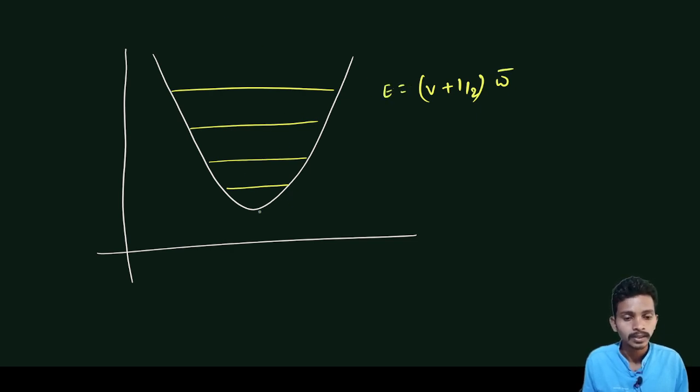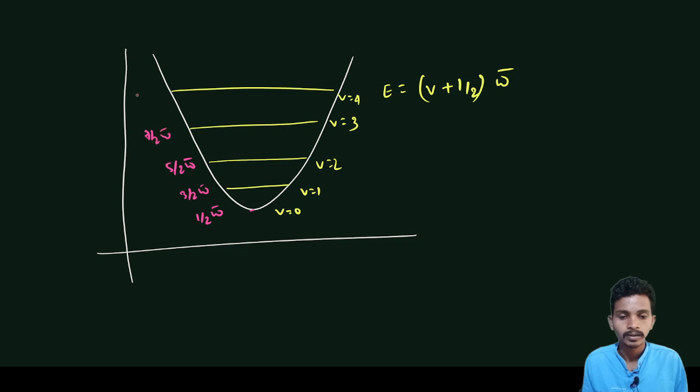So this is v equal to 0, this is v equal to 1, v equal to 2, v equal to 3, and v equal to 4. And the values we get are 1 by 2 omega naught, 3 by 2 omega naught, 5 by 2 omega naught, 7 by 2 omega naught, and 9 by 2 omega naught. This is energy.